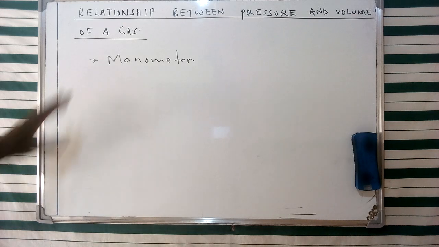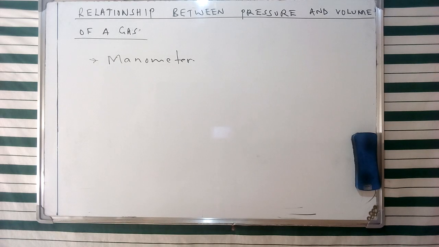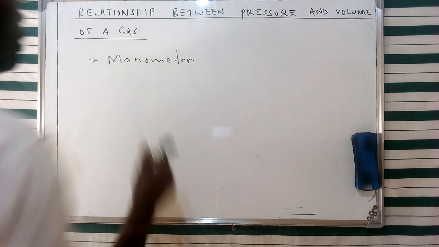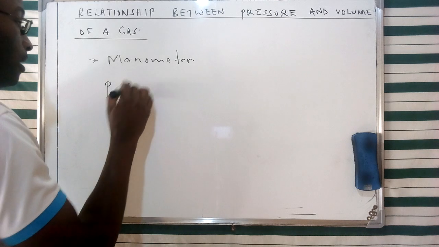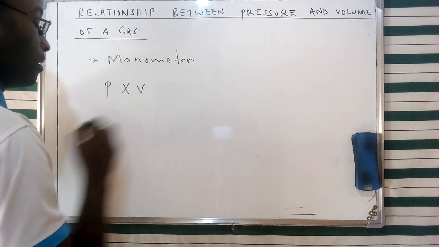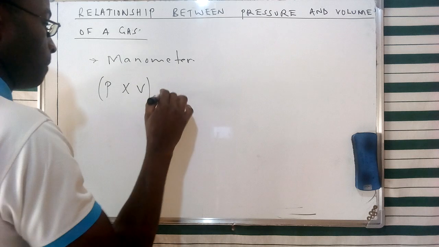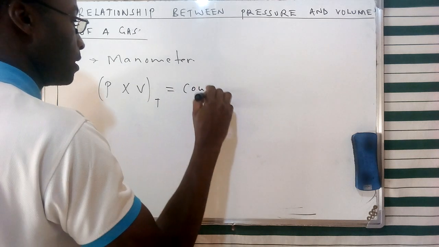And of course, we're going to see that using this specific aspect of pressure, we can develop a relationship between pressure and volume using a manometer, whereby some experiments have shown that the product of pressure and volume that is obtained at a constant temperature basically is equivalent to a constant.